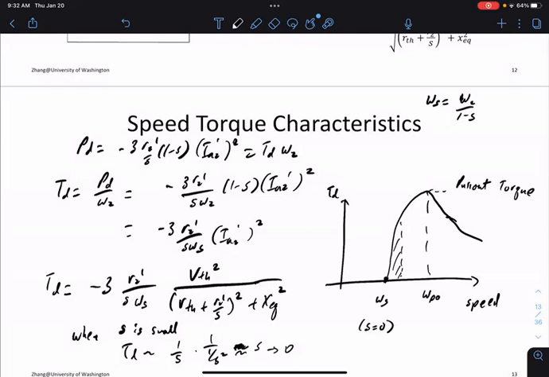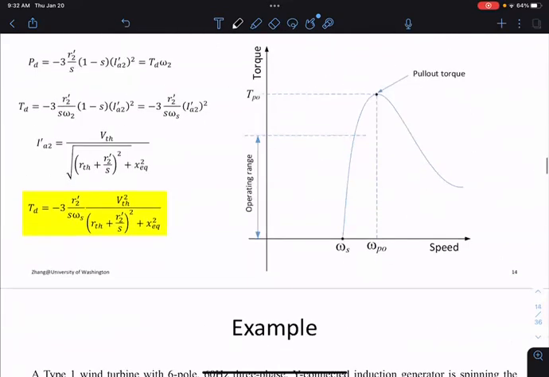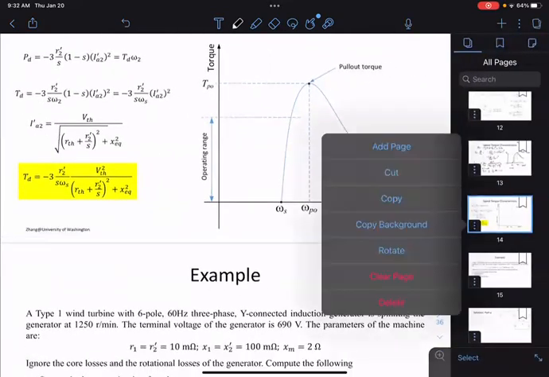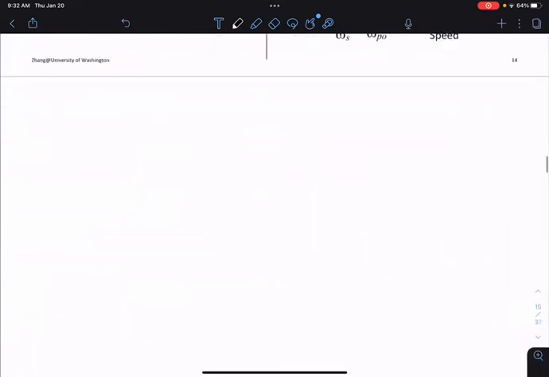Let's do that computation for the speed torque characteristics. The torque is the dev power over the frequency.